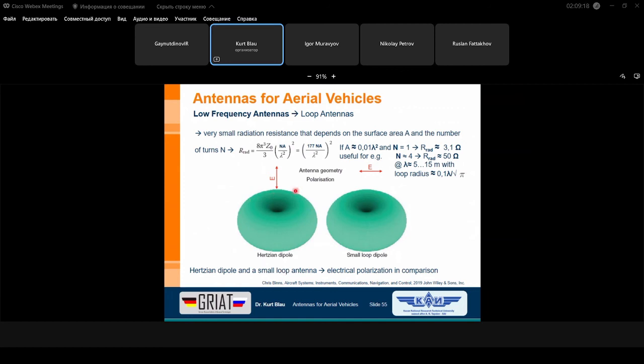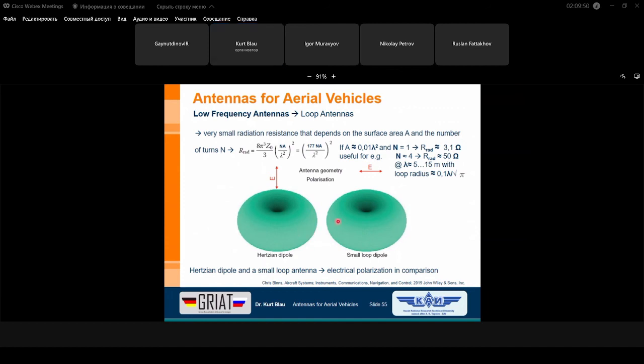And now, in case of a small loop antenna, we have more or less the same radiation pattern, but the E field direction goes in this direction here, the E field, and here we have our H field. And in case of the Hertzian dipole, the H field has this direction.